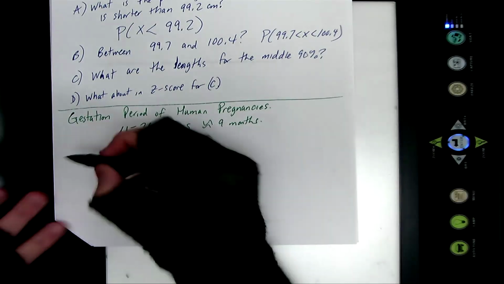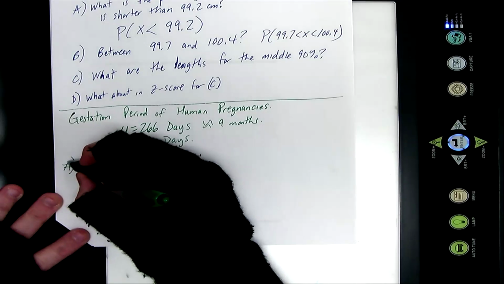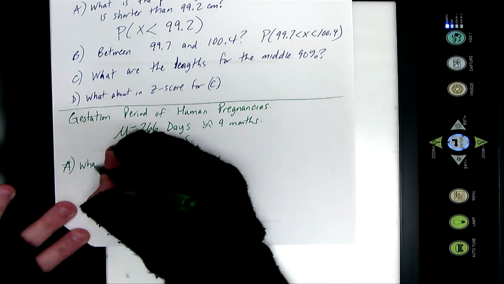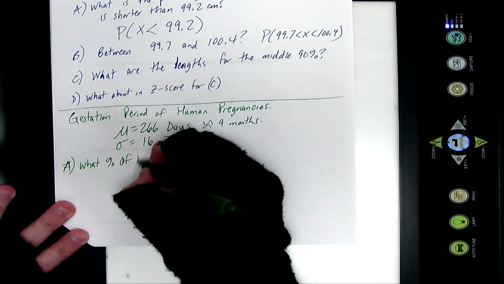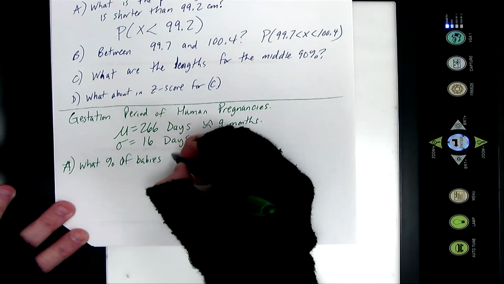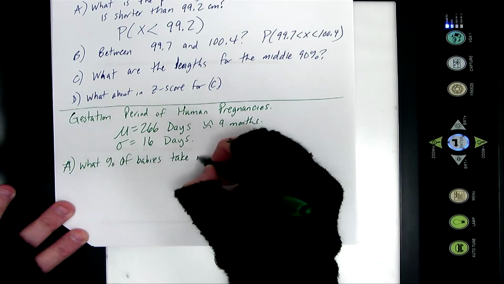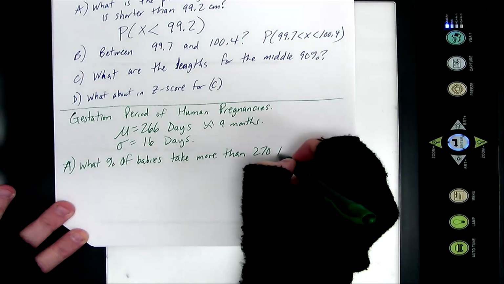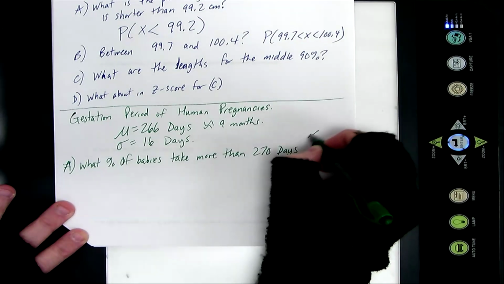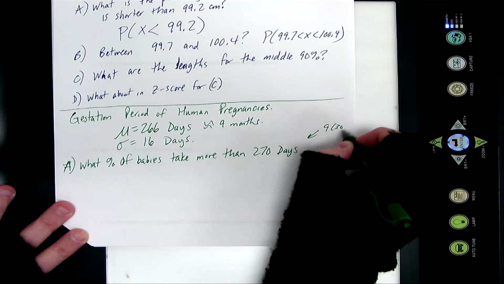So we'll ask some questions here. A. What percentage of babies take more than 270 days, which is 9 30-day months?